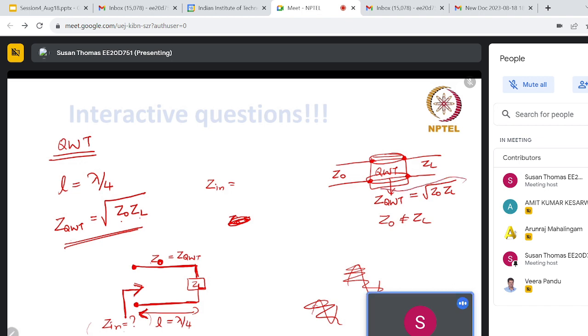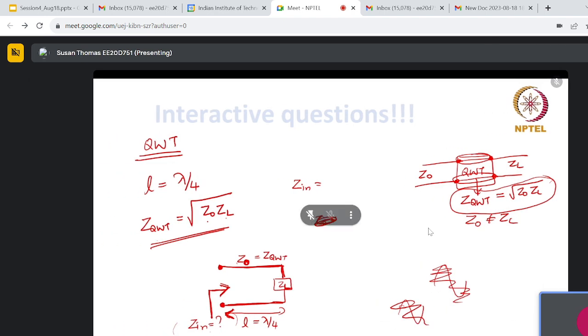If you use the same concept, the input impedance cannot always be 50 ohms. So what I am trying to say is, say this is the quarter wave transformer's impedance ZQWT, that is Z naught, equal to root of... if you have a load ZL.